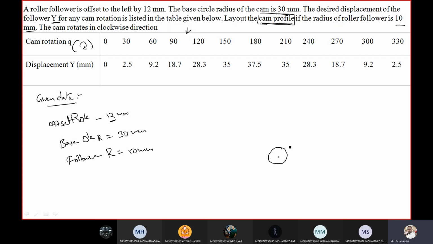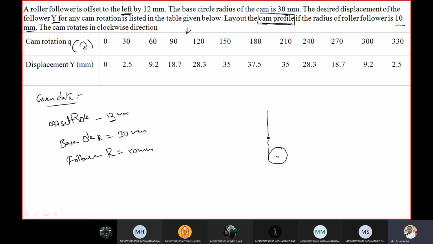Now after drawing, the question mentions the offset is on the left side, so take the left side and draw a vertical tangent line to the offset circle. Why am I drawing the vertical tangent on the left side? Because the question itself mentions the roller follower is offset to the left side of the axis of the cam. For that reason I am taking the left side of the offset circle.